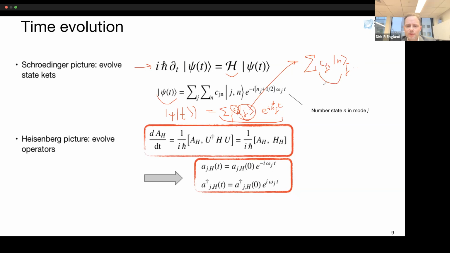Now this goes in here, and when we bring these two sums together, we can write it this way. This is telling you that the overall state of the optical system is the sum over each mode J, each of which is expressed in terms of the Fock basis, the number of photons in that mode n. All right, so that's one way to do the state evolution.